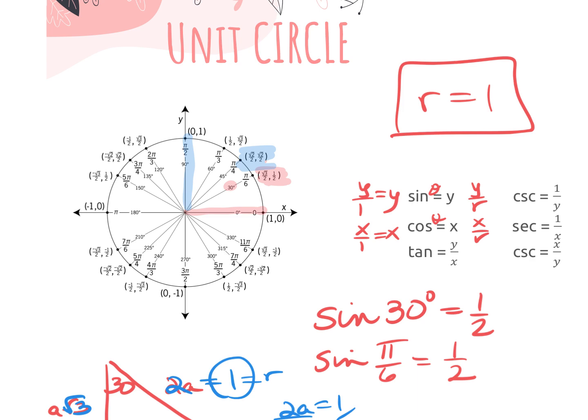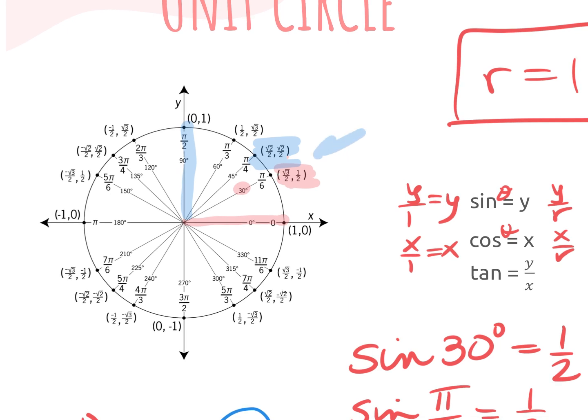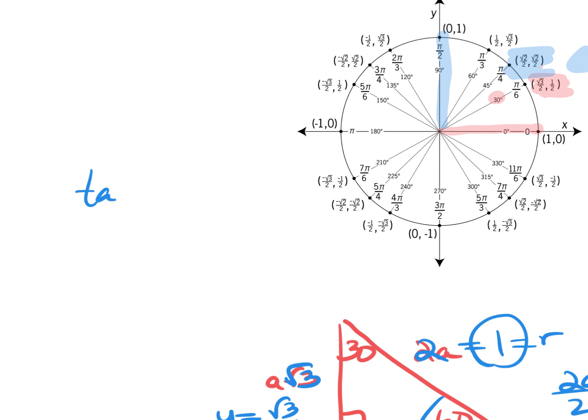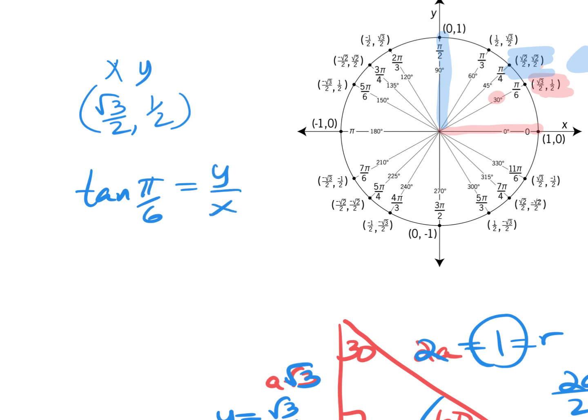So for example, if I wanted to do the tangent of pi over 6, the ordered pair for pi over 6 is square root 3 over 2, comma 1/2. This is x, this is y. You're memorizing tangent to be y over x. So I'm going to plug in 1/2 divided by square root 3 over 2.